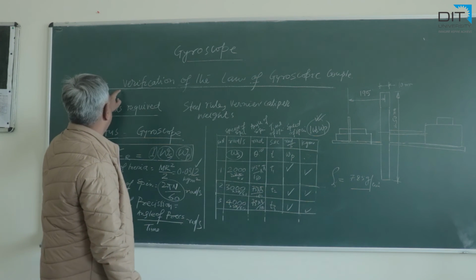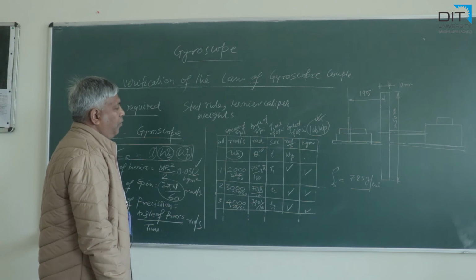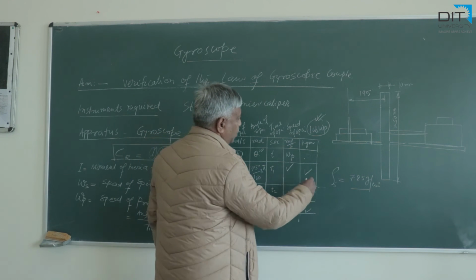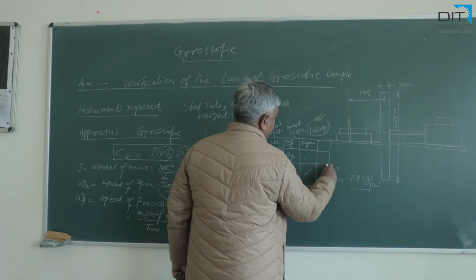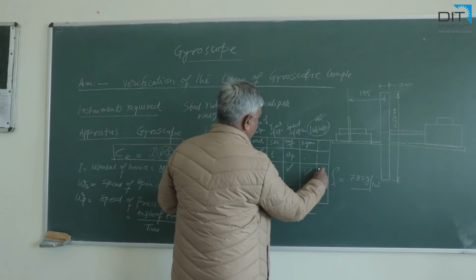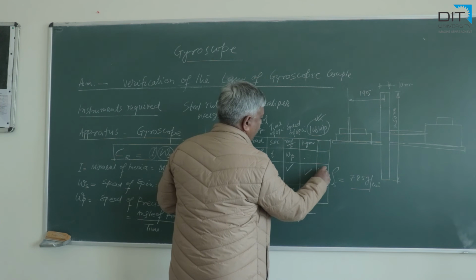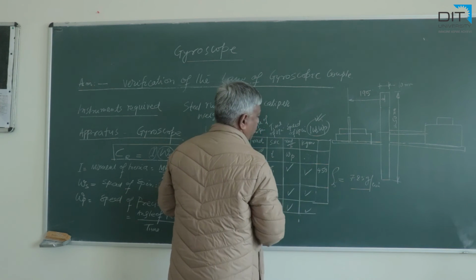Just to verify, as the objective was to verify the law, we have to do one more activity. Whatever mass we have given, say in the first experiment, you have given 450 gram. So convert it into kilogram.